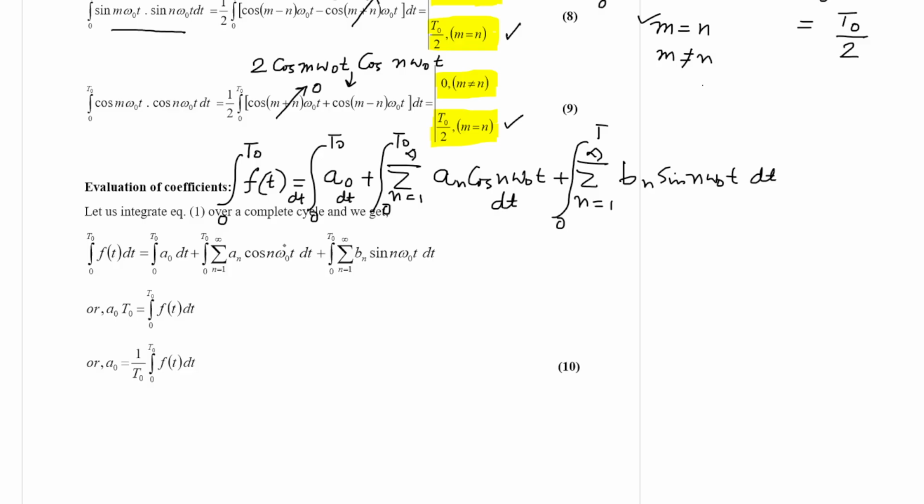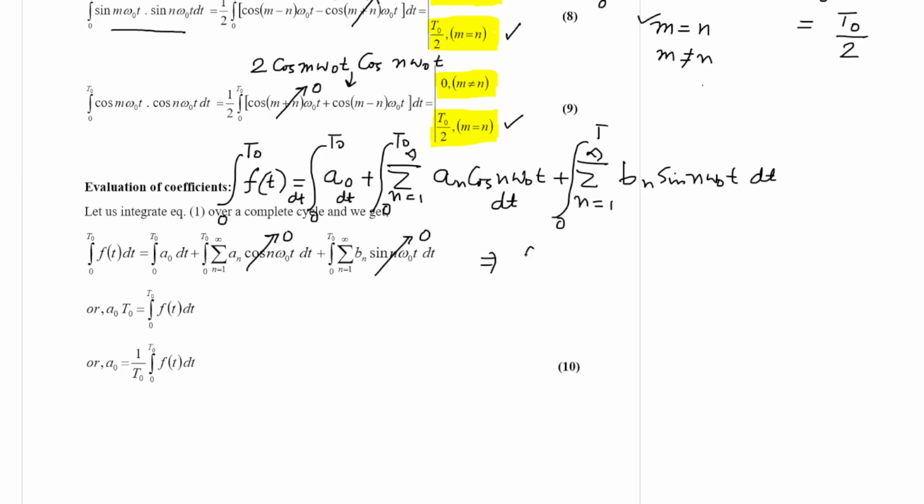Now using this background result, we know that any cosine term, if it is only cosine, integrated over a complete cycle will be 0. Any sine term, if it is only present, integrated over a complete cycle will also be 0. So what is here?